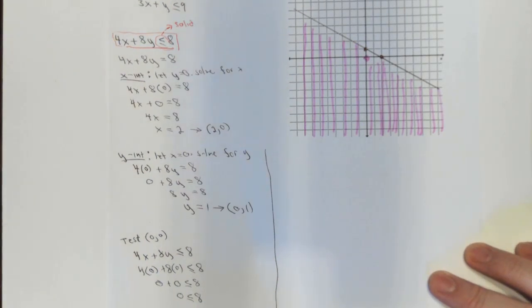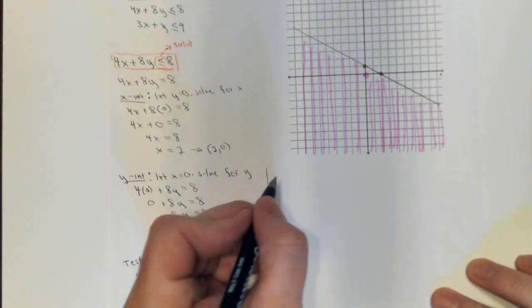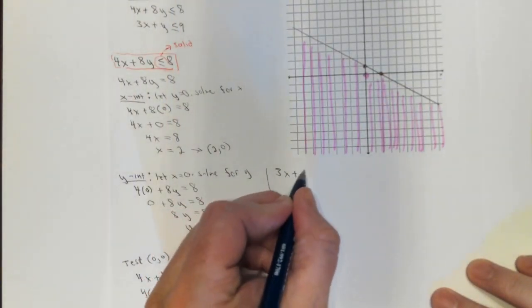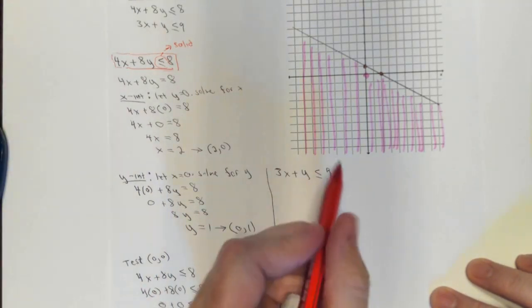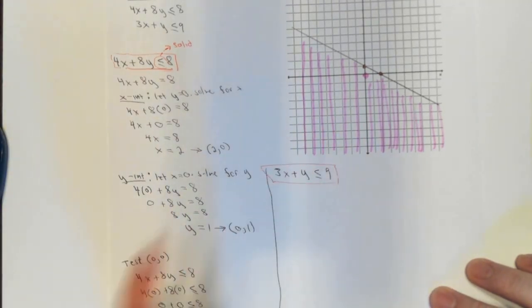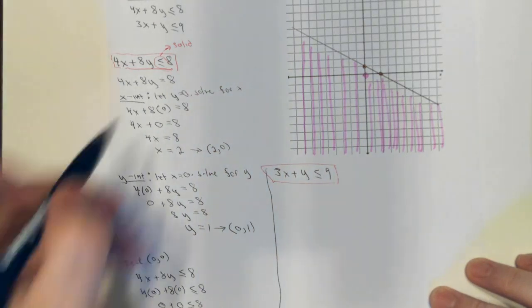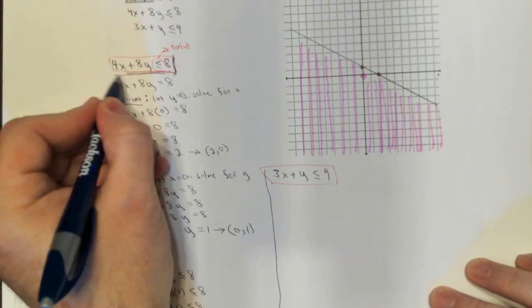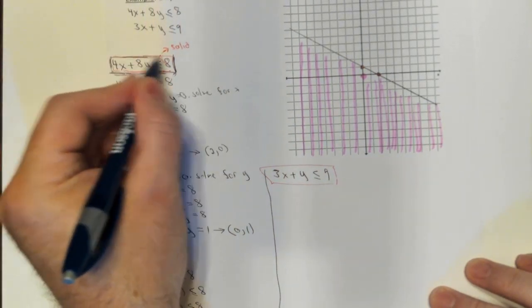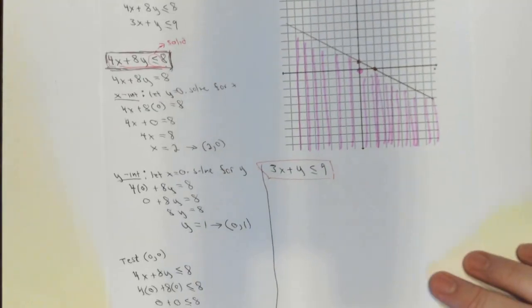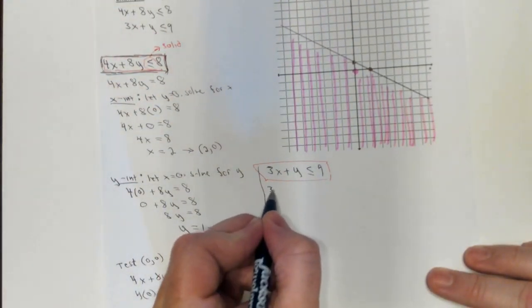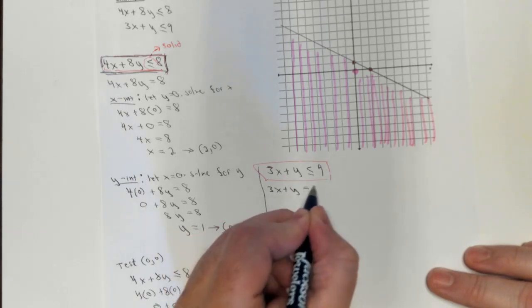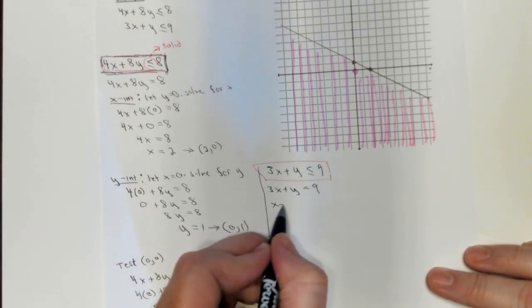Now we have to take care of this other one. 3x plus y is less than or equal to 9. Okay. Do the same exact thing. Treat it like an equation. 3x plus y equals 9. Do our x-intercept.